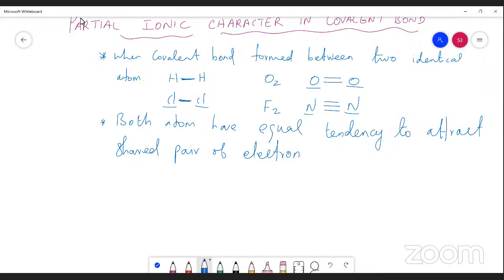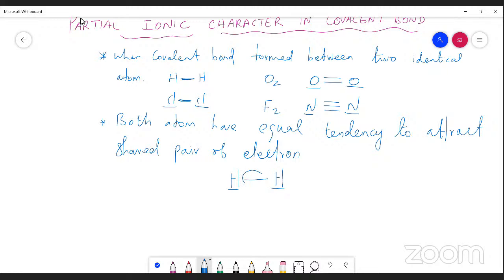Because both atoms are identical atoms, that is why both atoms have equal tendency to attract the shared pair of electrons towards itself. For example, in hydrogen, the bond with the hydrogen atom, both atoms have equal electronegativity.